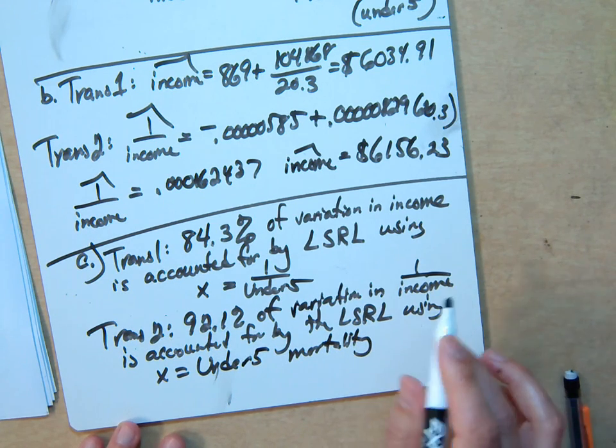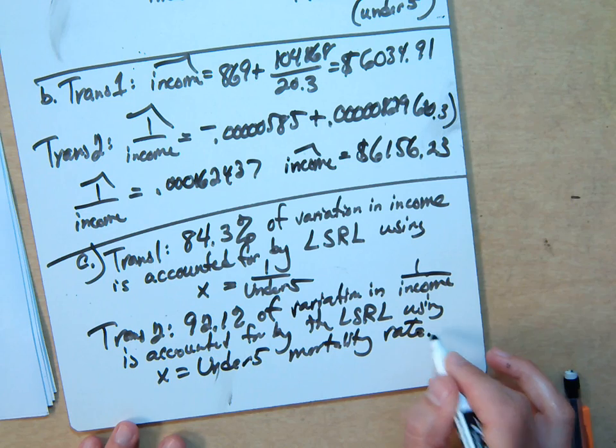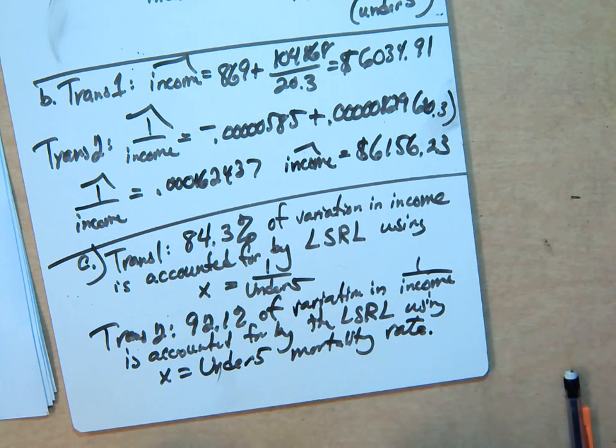And if we had r squared equals 100%, then every point would be on the line, so the predicted and the actual values would be the same.